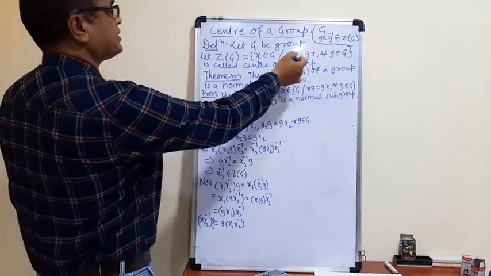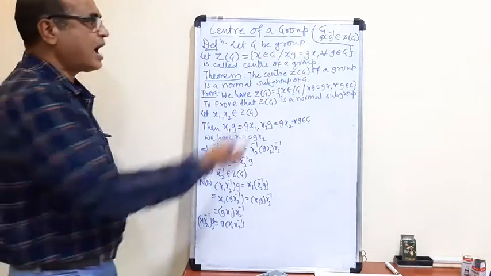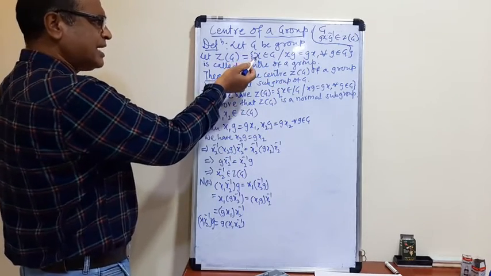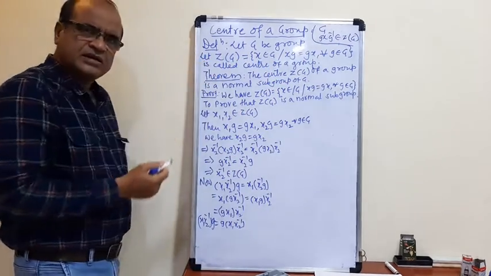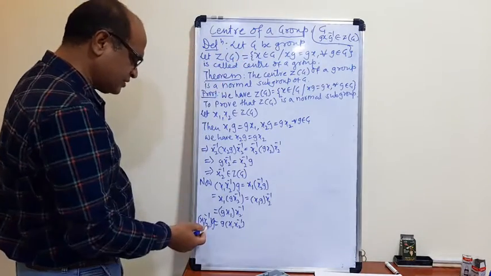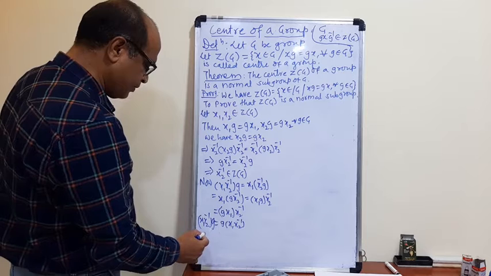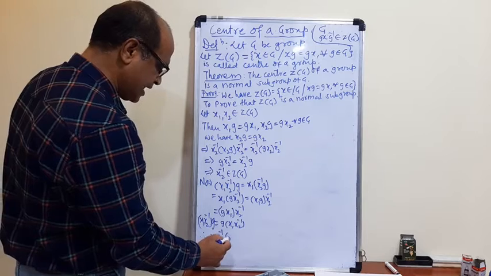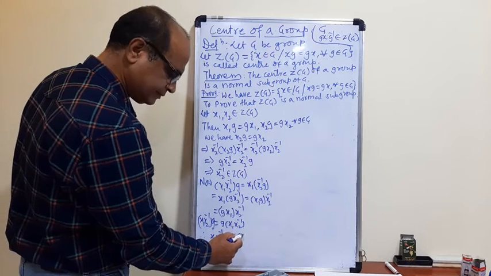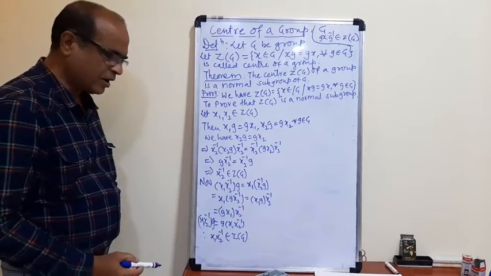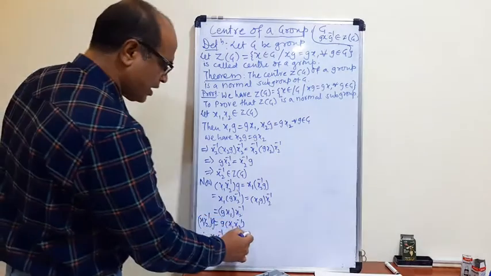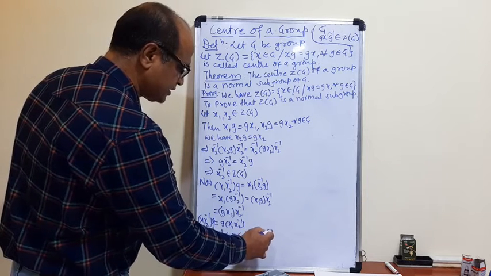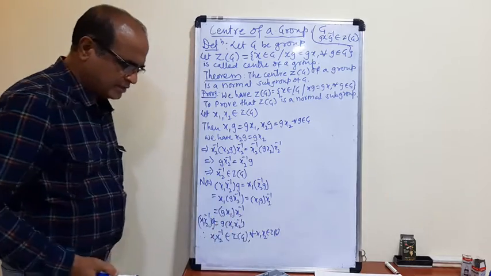Again using the definition of the center of a group: if xg is equal to gx for all g belonging to G, then x is an element of the center of group G. Similarly, therefore x1 x2 inverse is an element of Z(G) for all x1, x2 belonging to Z(G).